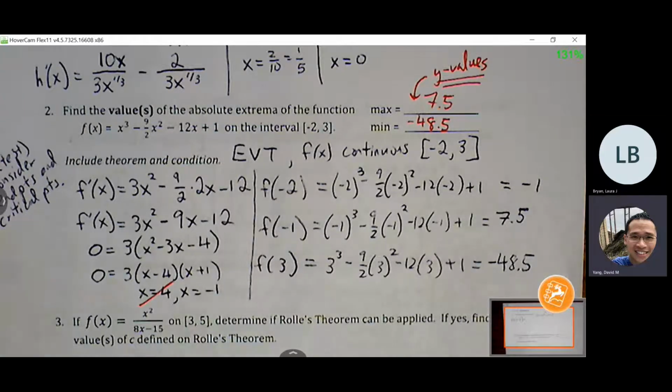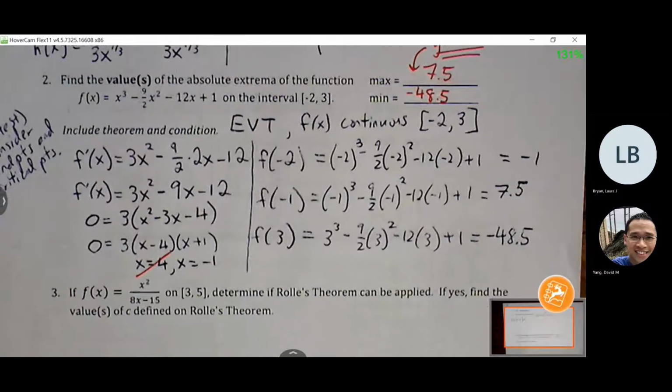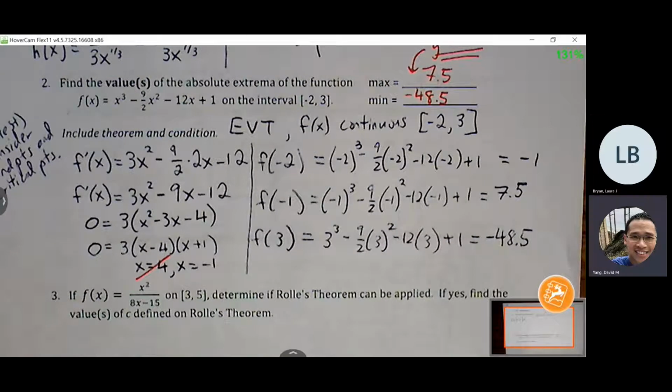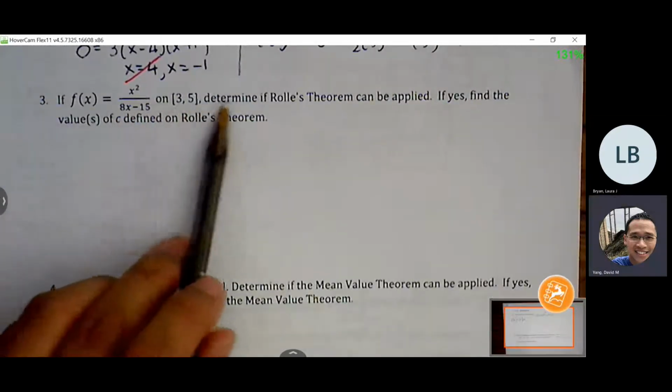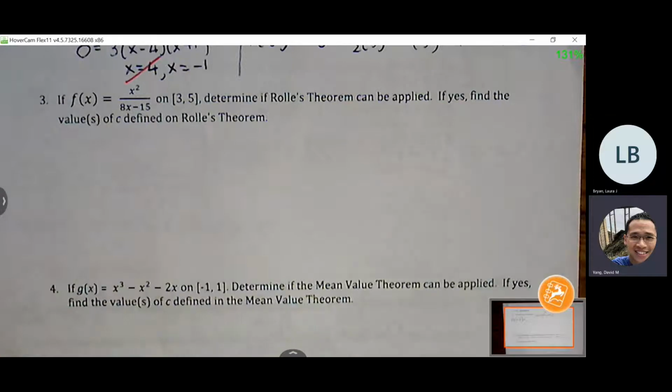Okay, number 3. Determine if Rolle's theorem can be applied.